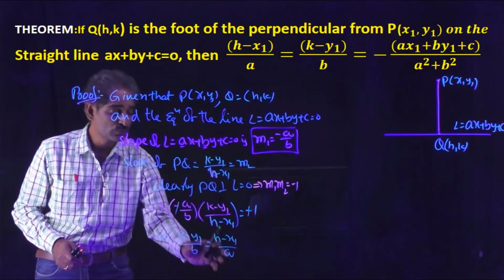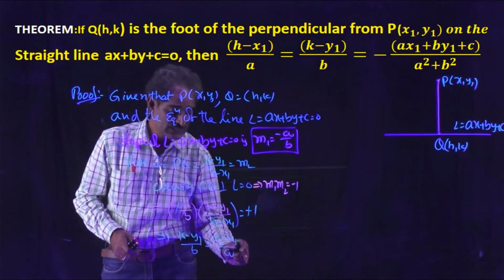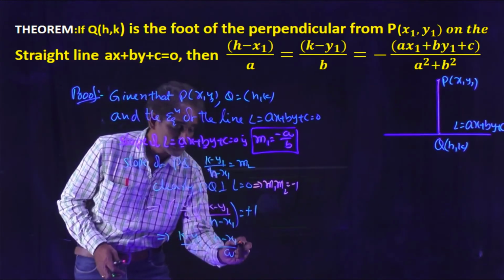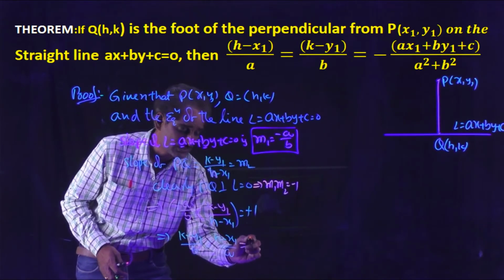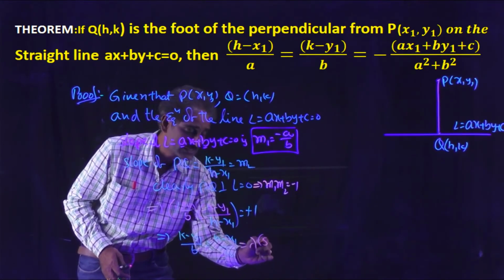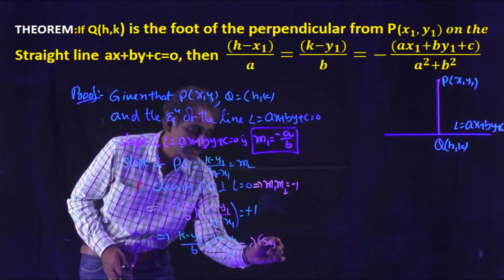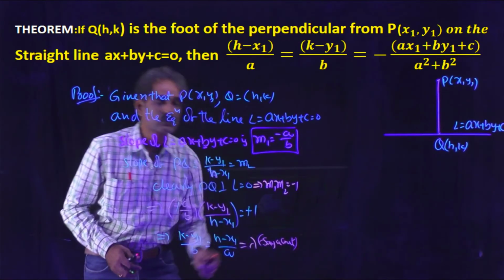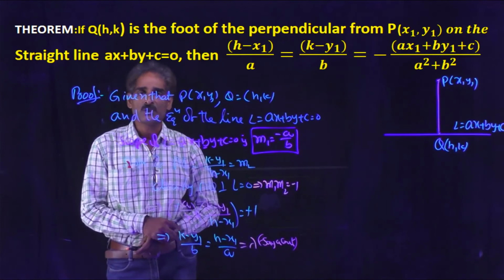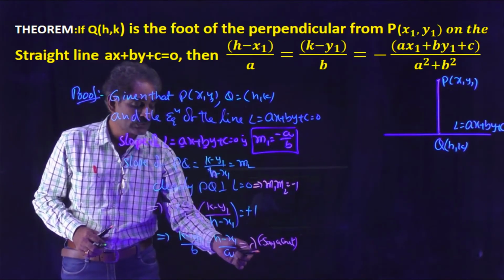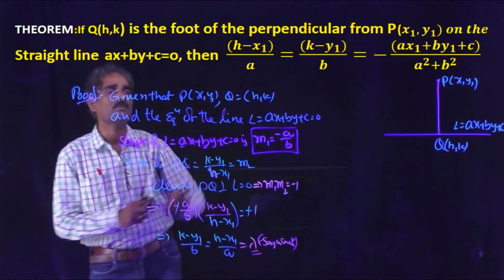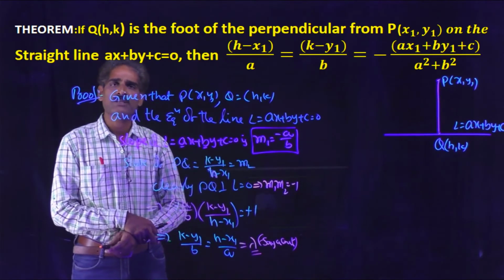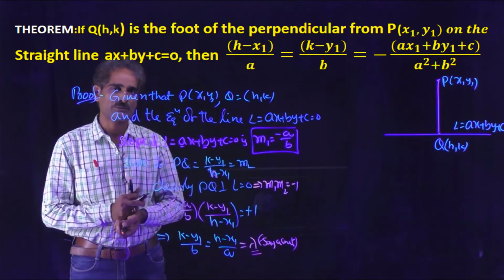So you have to prove these two are equal to something. Let us take this equal to some constant lambda, say an arbitrary constant. So lambda is a constant. Now here we have to find out the lambda value. We have to show that lambda = -(ax1 + by1 + c)/(a² + b²).